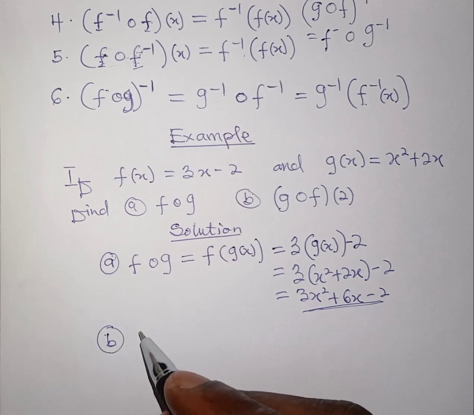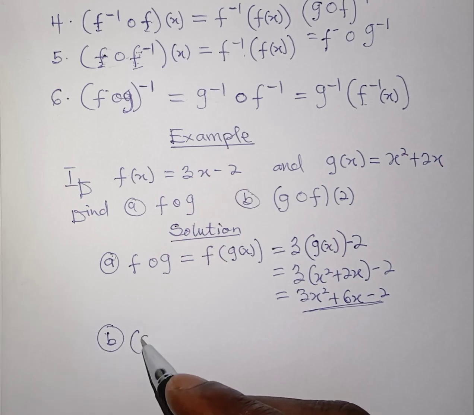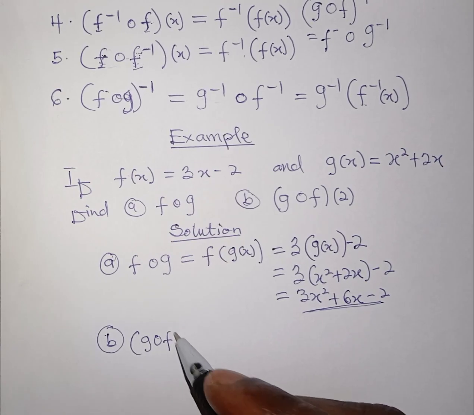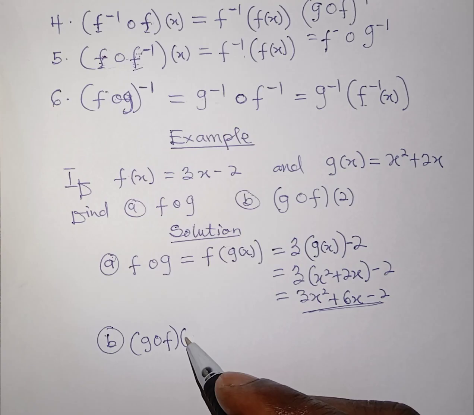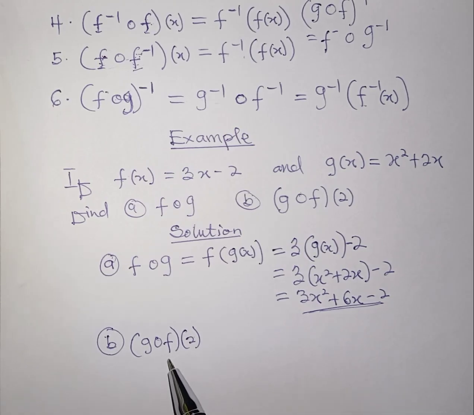The B part, which is f followed by g at 2. So it means that here we are going to find the domain of 2 in f, and then find the domain of this in g.